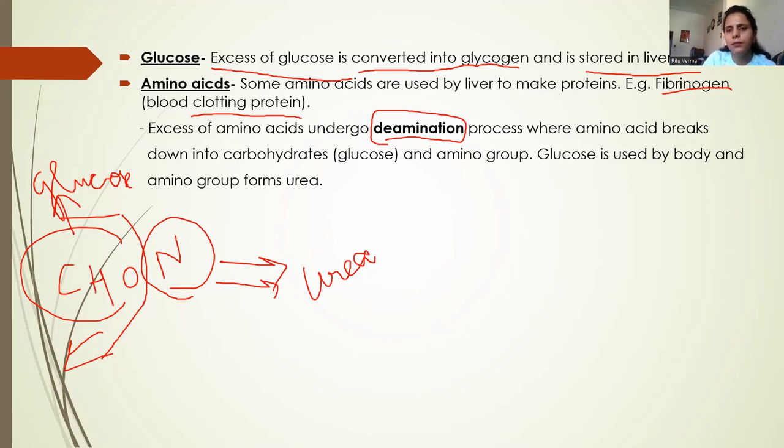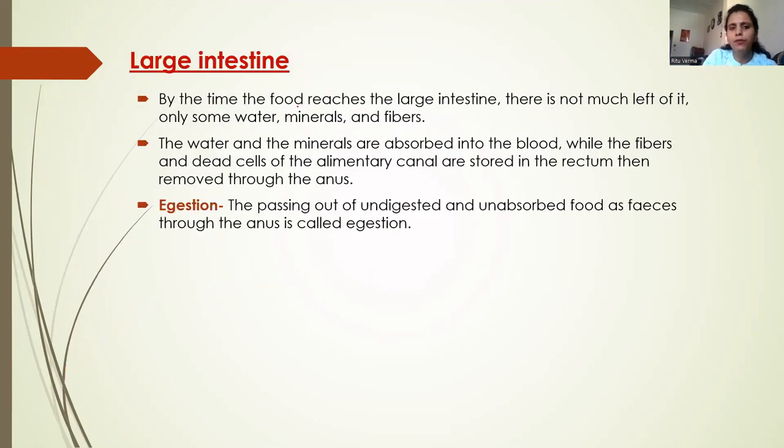After the process of assimilation gets completed, what happens next? The last step is egestion. By the time food reaches the large intestine, after absorption of digested nutrients from the small intestine is done, some food is still left.